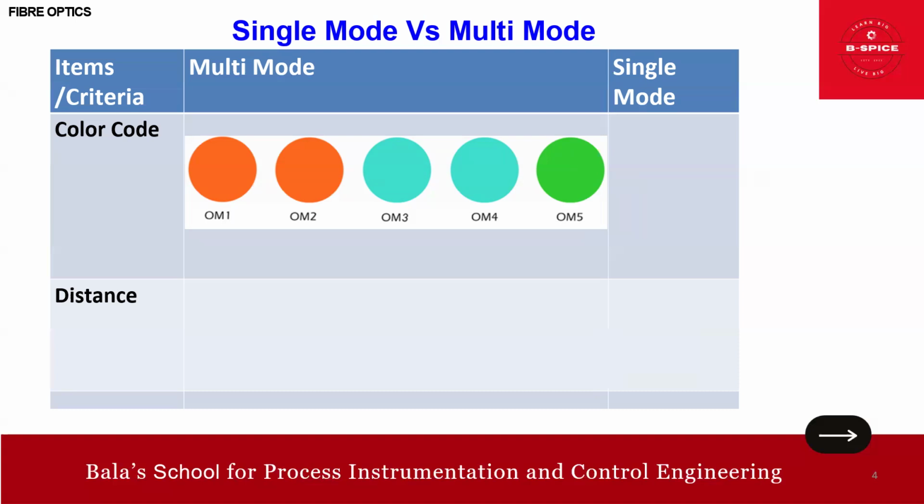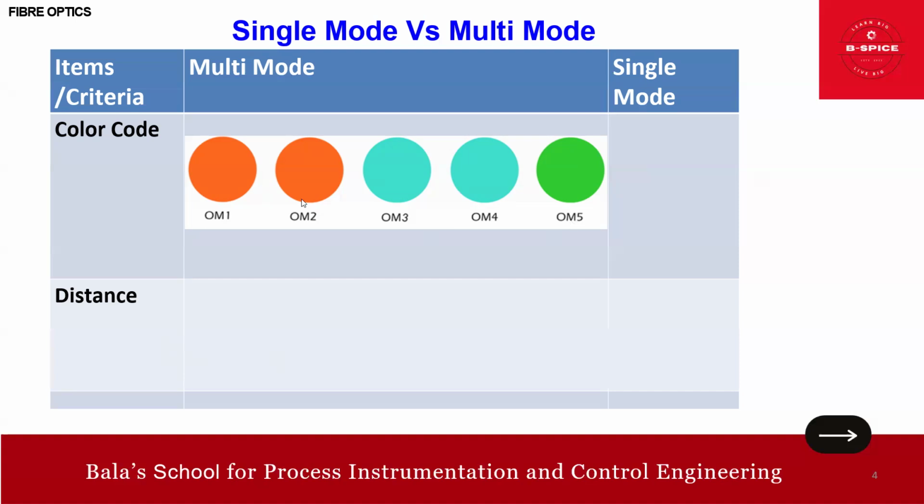TIA is the Telecommunications Industry Association. Here OM1 and OM2 are orange. OM3 and OM4 are a cyan color. Then OM5 is green.